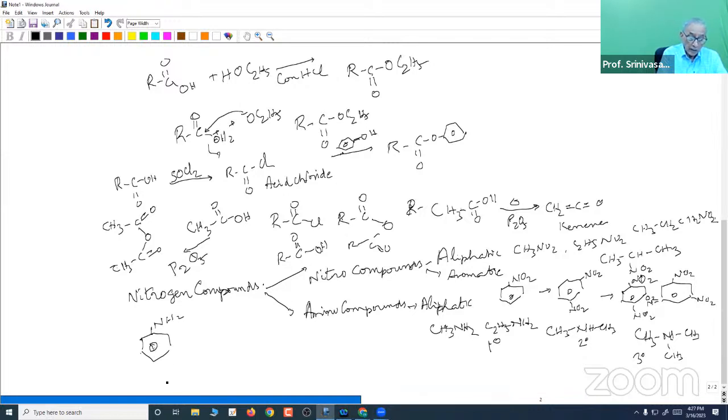This is called aniline, the simplest member of the aromatic amino compound. Here also, you can have a variety of amines with various substitutions.